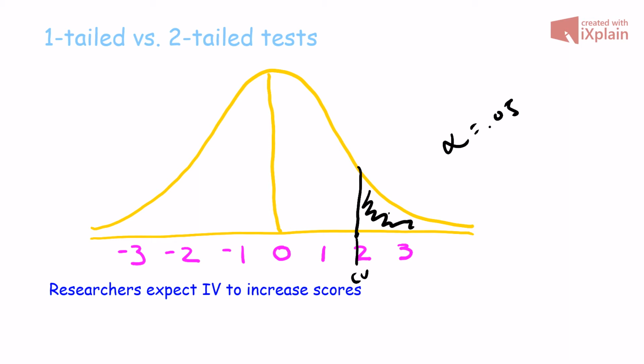And if we get something in this critical region, we'll reject the null. This is 5%. This area is 5% of the entire curve. And again, in this situation, because the IV is intended to increase scores, or there's an expectation that the IV will increase scores, we're going to use a one-tailed test.